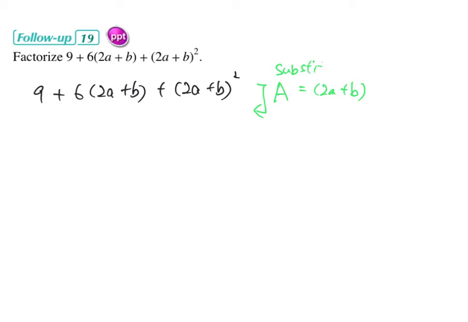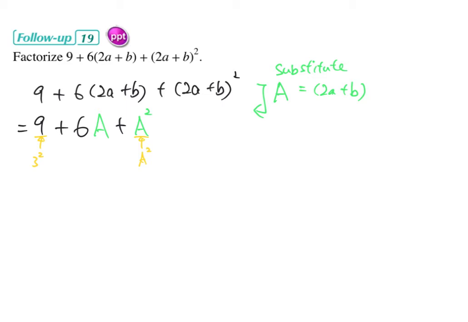Substitute big A for 2a plus b, so it will become 9 plus 6A plus A squared. You can see that it is quite easy to understand because 9 is the square of 3 and A squared is A squared.